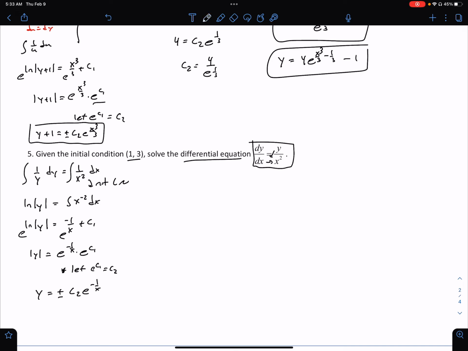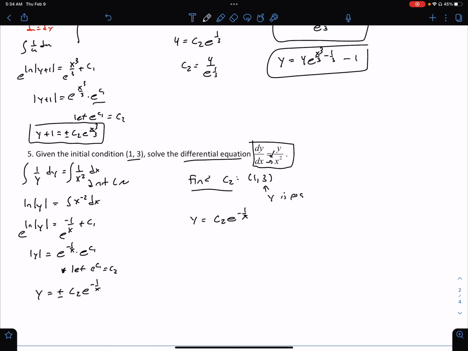Okay, so let's go ahead and now solve for c2. So find c2, and our initial condition was just 1, 3, and right over here, y is positive, so I want the positive one. So we can take y equals the positive c2 e to the negative 1 over x, sorry about that, it's terrible.